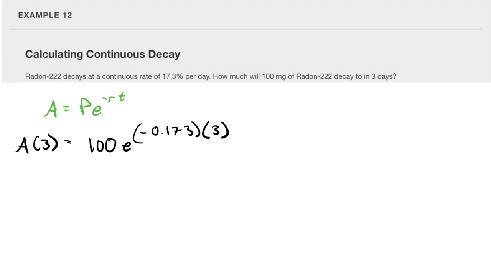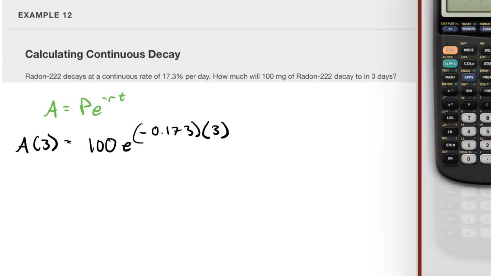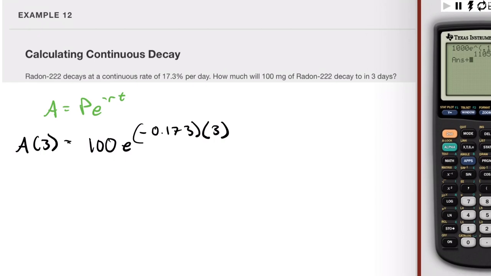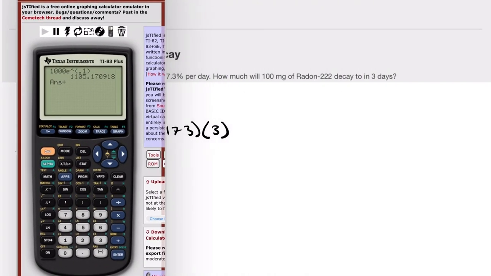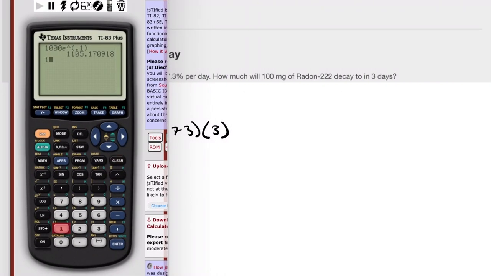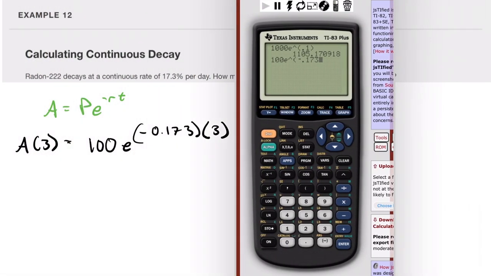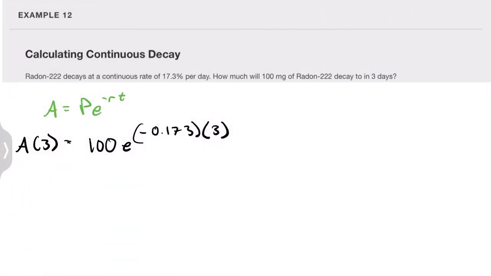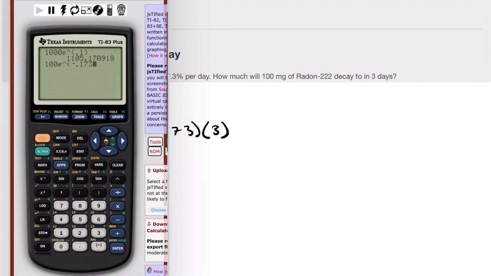And I think we just use the calculator from there. So 100 times E to the negative 0.173 times 3. It's approximately, that's a lot.